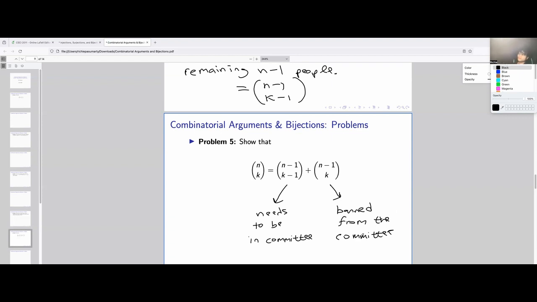But these are both, at the end of the day, still picking k people. And this one looks like we're picking k minus 1, but we've pre-selected this person. So these are just two different ways to choose k people, based on whether or not this one person is in the committee. But at the end of the day, that's still equal to n choose k. So that's a combinatorial argument for why this is true.